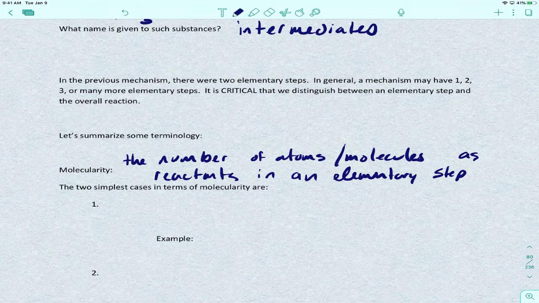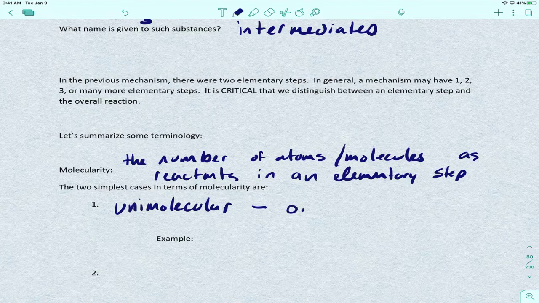Okay. Now, the simplest cases in terms of molecularity, you could have a unimolecular step where you have one reactant.